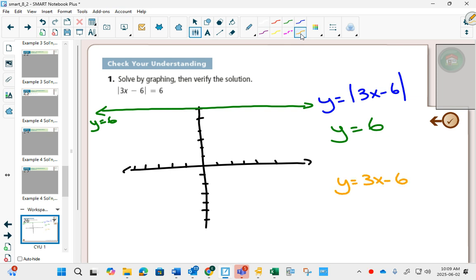If I was going to graph y equals 3x minus 6, 1, 2, 3, 4, 5, 6, I'd have a y-intercept of -6, a slope of 3, up 3 over 1, up 3 over 1. Remember, up 3 over 1. Here's my orange graph.